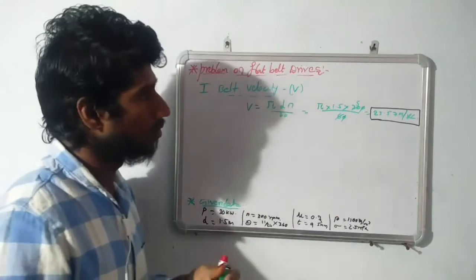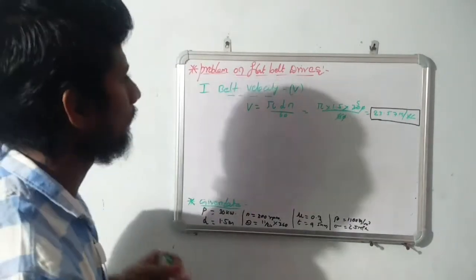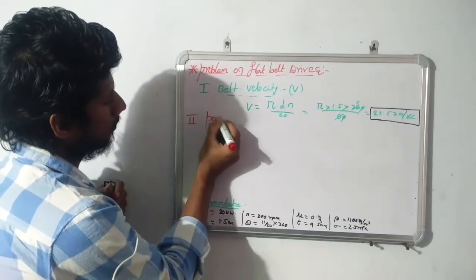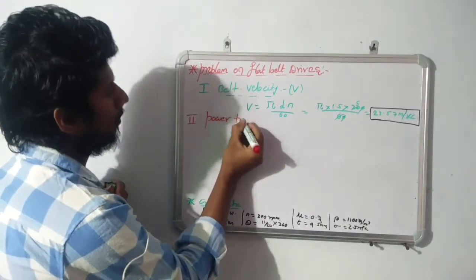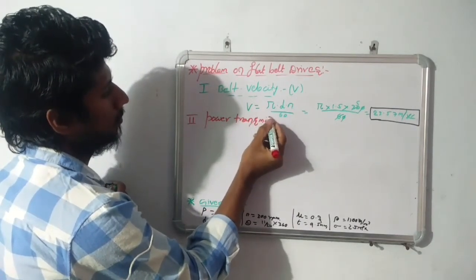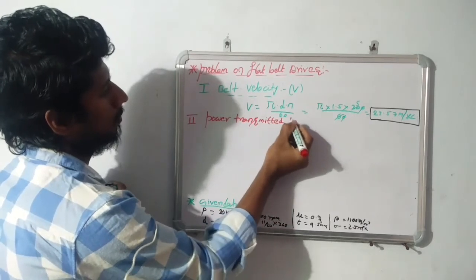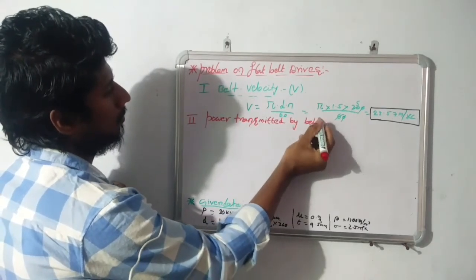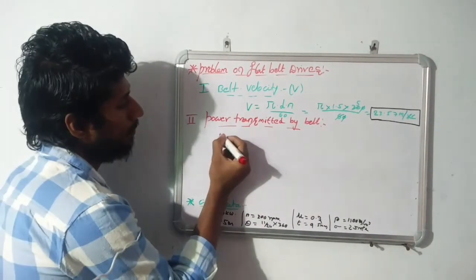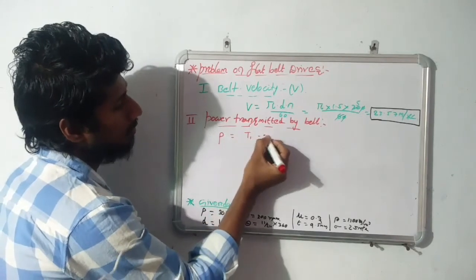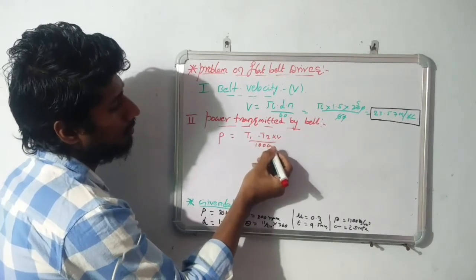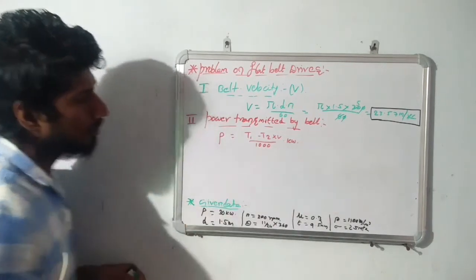Go to the next step, that is the power transmitted by belt. It is denoted by P, that is equal to (T1 minus T2) into V by 1000 kilowatts.